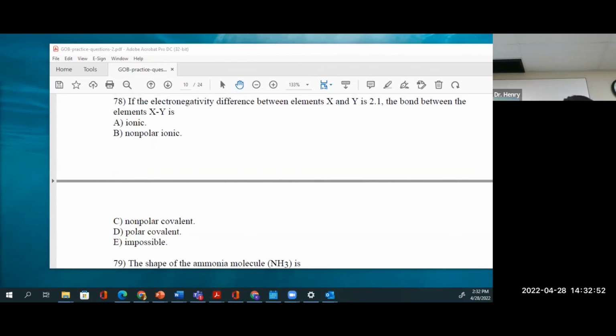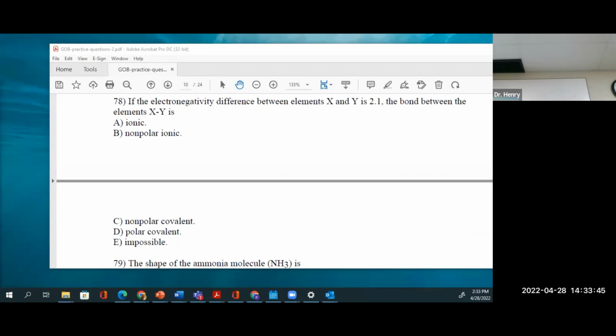78. If the electronegativity difference between X and Y is 2.1, the bond between X and Y is A, ionic, B, nonpolar ionic, C, nonpolar covalent, D, polar covalent, E, impossible. 2.1. Yes, remember the scale?